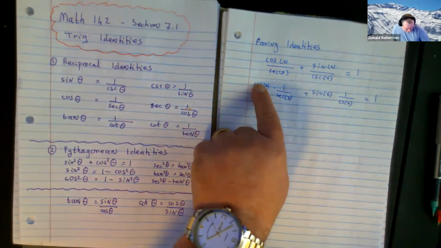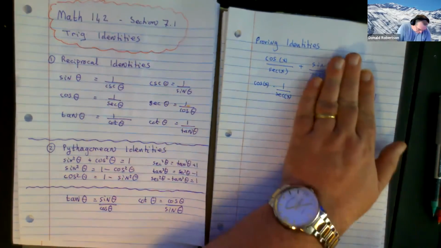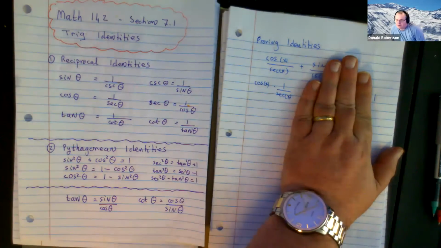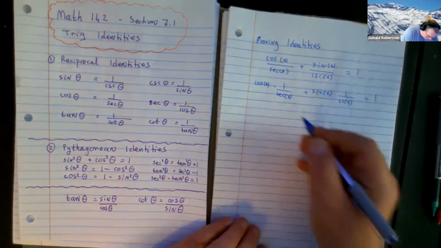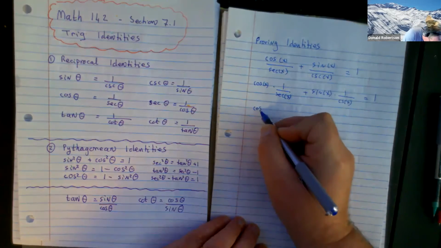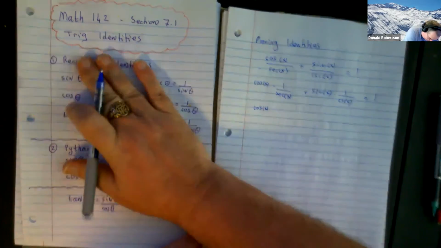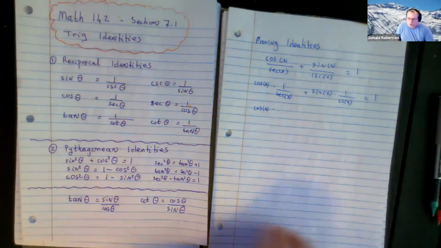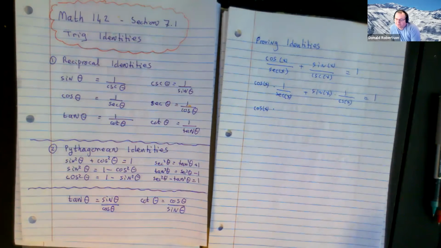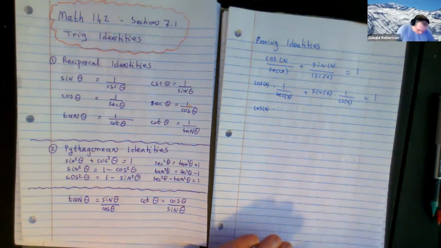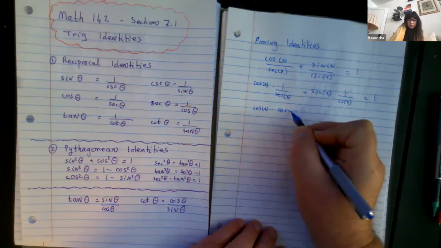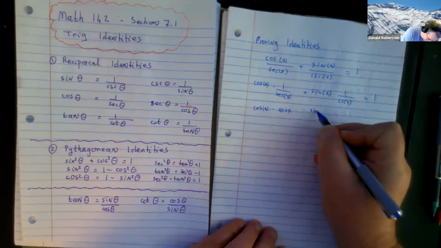Would you agree that cosine x times 1 over the secant is just a strange way of saying that? Now, does anybody know, looking at this side here, what 1 over secant gets? A cosine. There's Chloe.